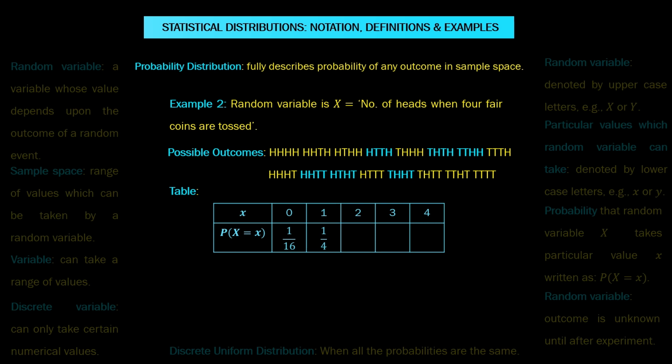What about 2 heads? What's the probability x equals 2? There are 6 ways of getting exactly 2 heads, as highlighted. So the probability of x equals 2 is 6 out of 16, which is of course equal to 3 out of 8.